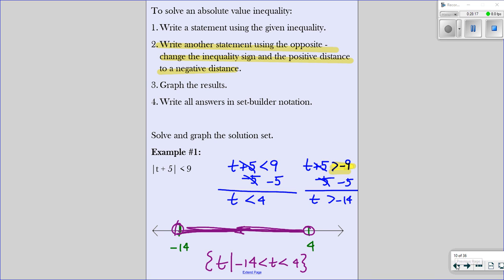When solving absolute value inequalities, you're going to have 2 inequalities. One of them will be the same as the original, and for the other one, the symbol will flip and the number behind it will be negative. Once you have that, you put it in the graph, figure out what it looks like, and then write the statement for it.